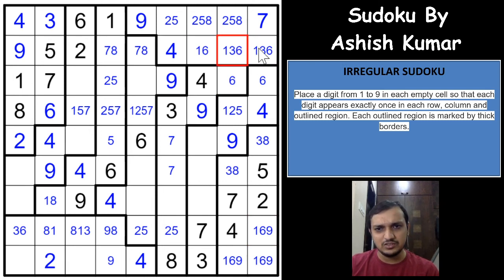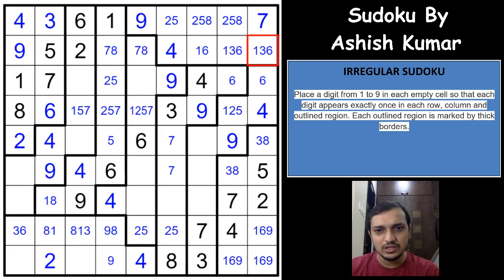In one of these three cells, one of these two cells, and one of these three cells. Which means all the other cells can be eliminated and cannot be a part of 6. So which means that these three cells cannot be 6. And in this region now, 6 has to be in this cell now. Right? So which means that 6 has to be in one of these three cells.